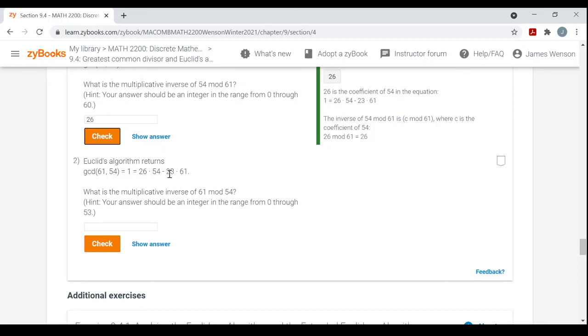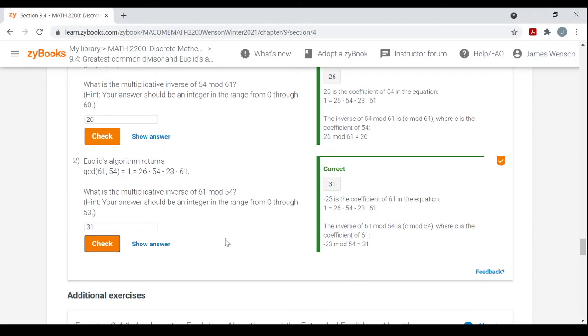So negative 23 is an inverse of 61, but negative 23 is not from 1 to 53. Right, we're doing mod 54. So just add 54 to this. 54 plus negative 23 is 31. And you can check, and I'll pull up the calculator, but 61 times 31 would be congruent to 1 mod 54.